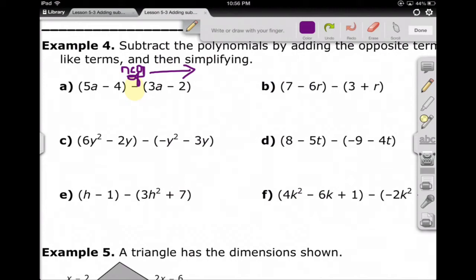Oh, okay, so that's why I was showing you this, previously showing you opposites. Because this is 5a minus 4, but this negative sign affects everything after it in the parentheses. So this becomes a minus 3a plus 2.